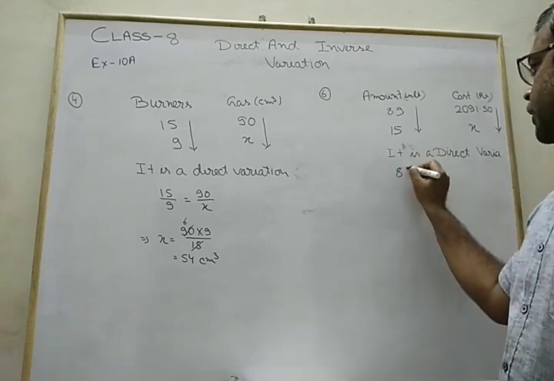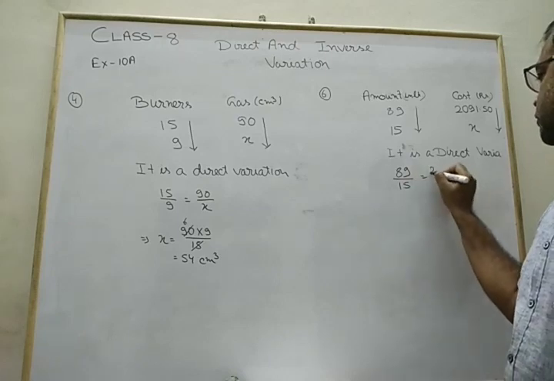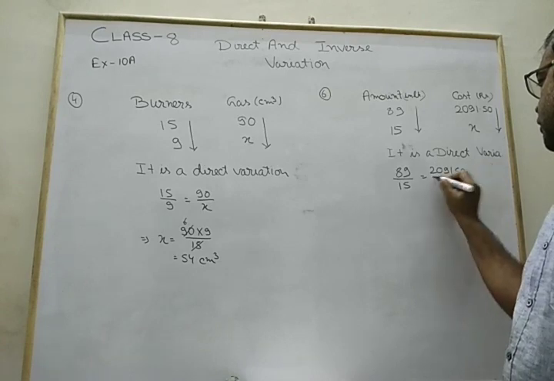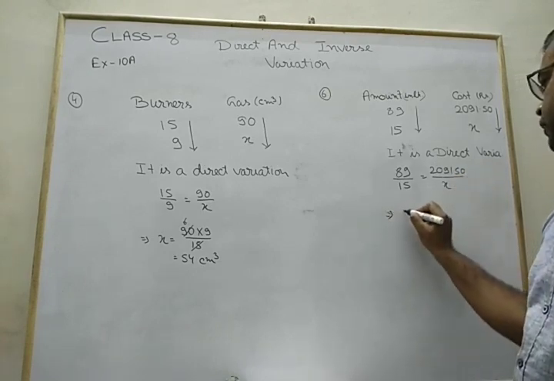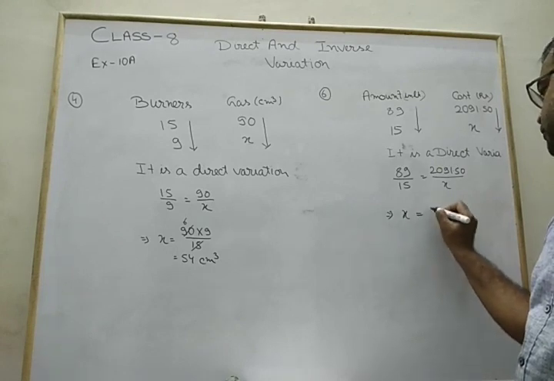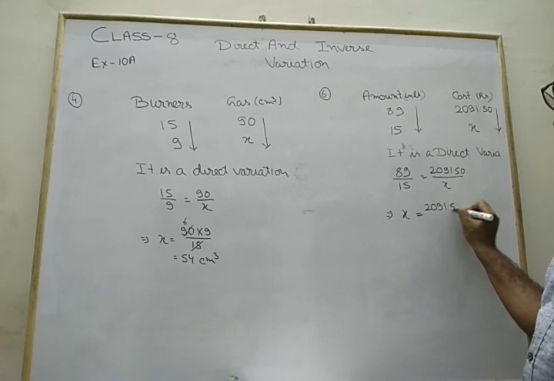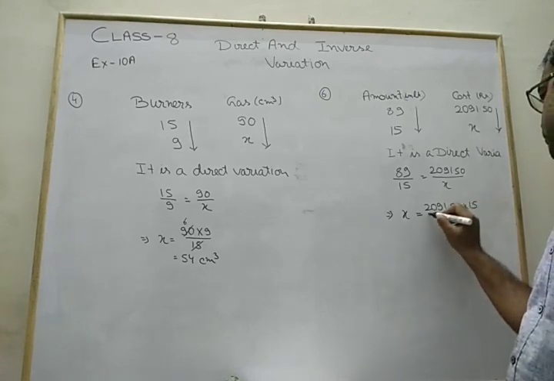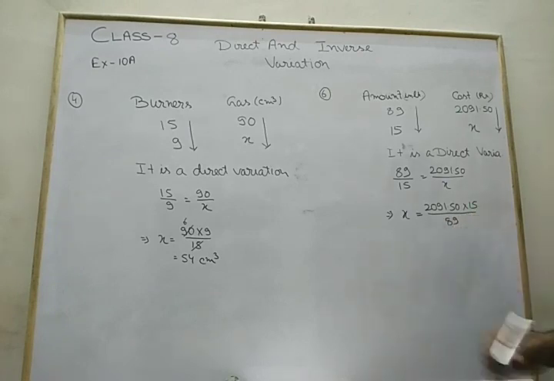But we will write 89 upon 15 equals 2091.50 upon x. By cross multiplication, we have x equals to 89.